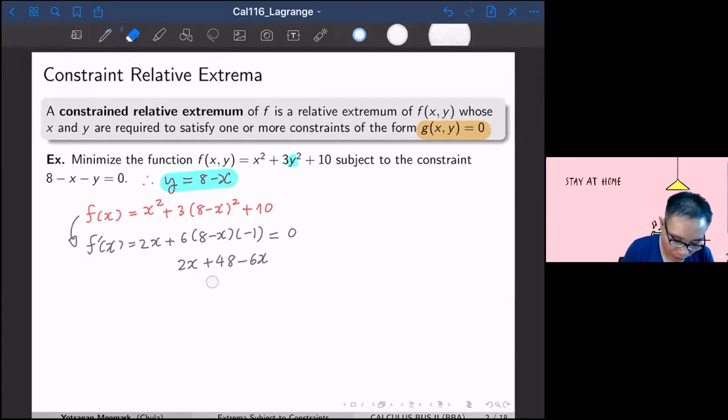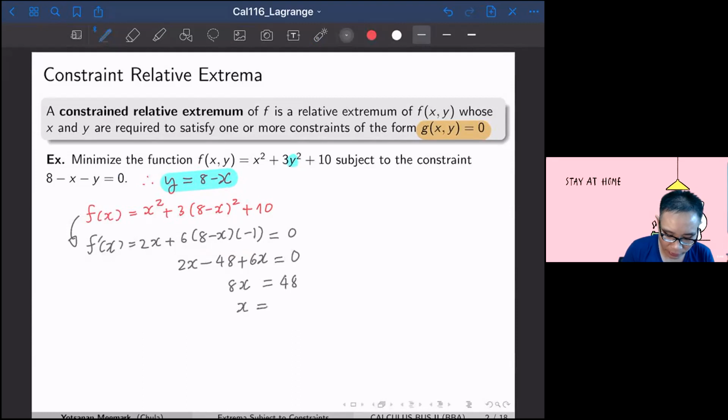In this case, it's going to be negative 48 plus 6x. Combining these terms, you would have 8x equals 48, and you have x equals 6.